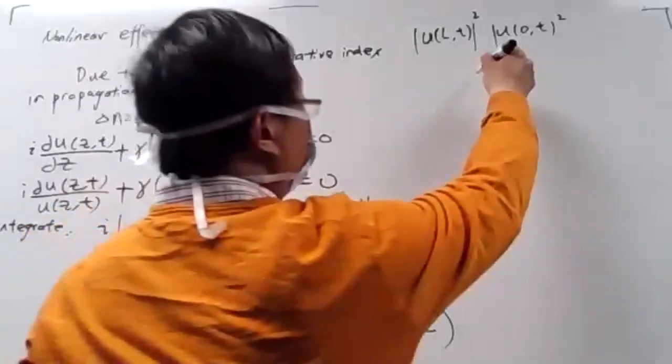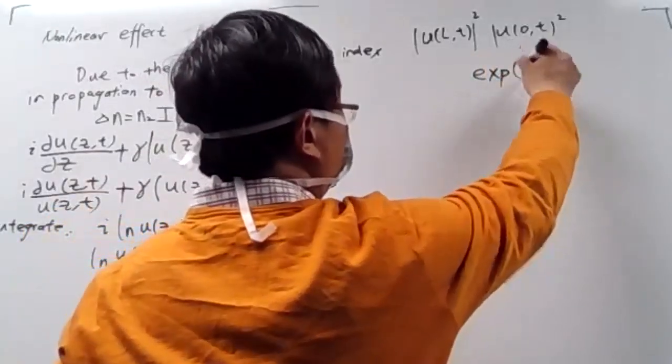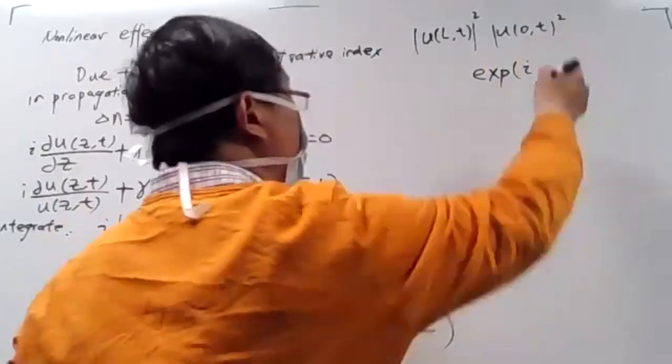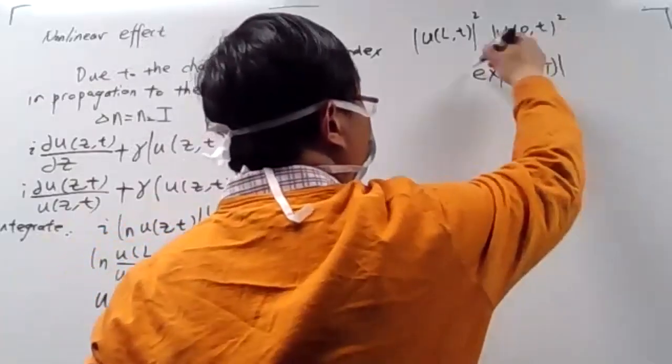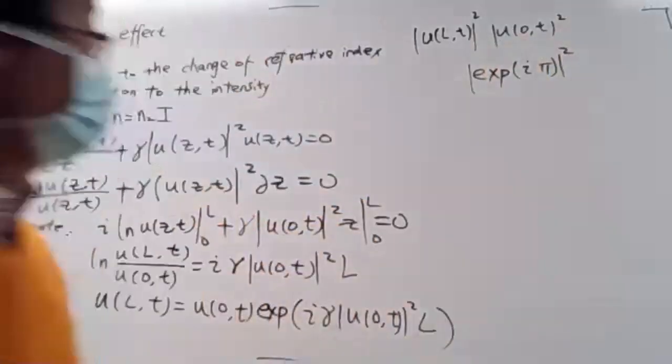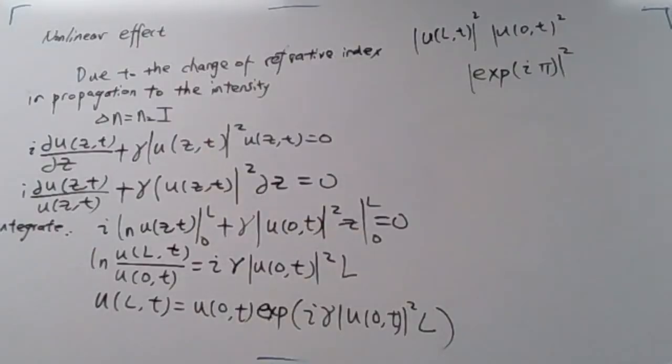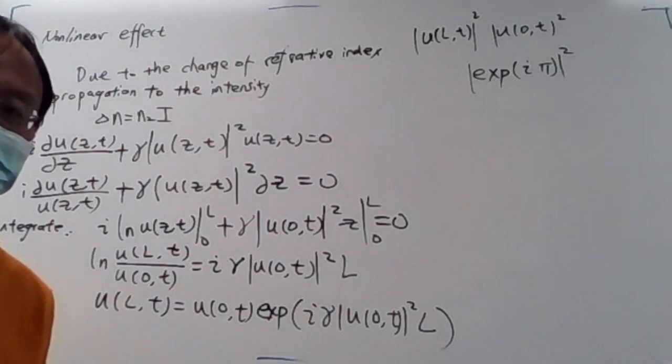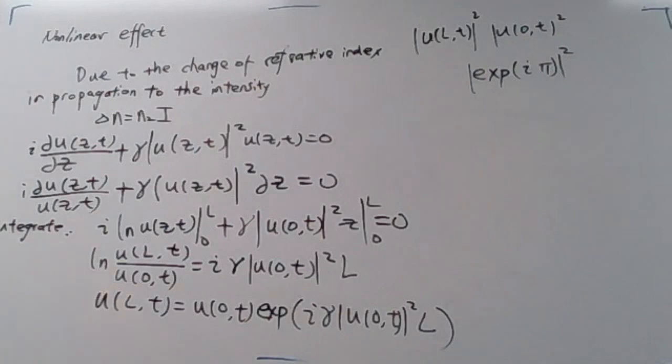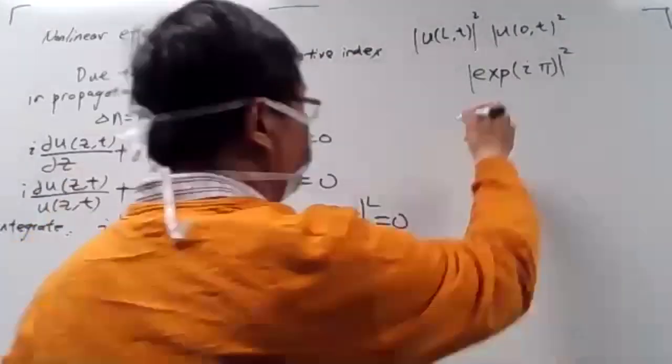Okay, so how much is the absolute value squared of exponential i pi? Let's do it.